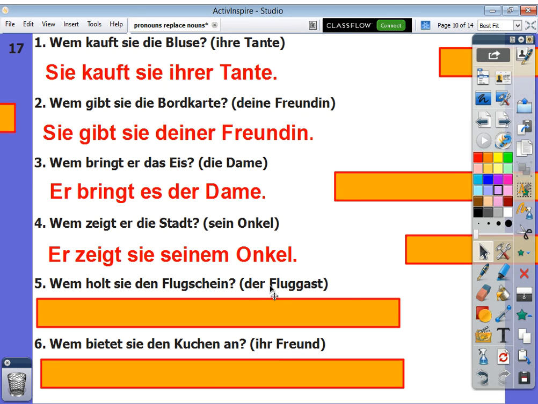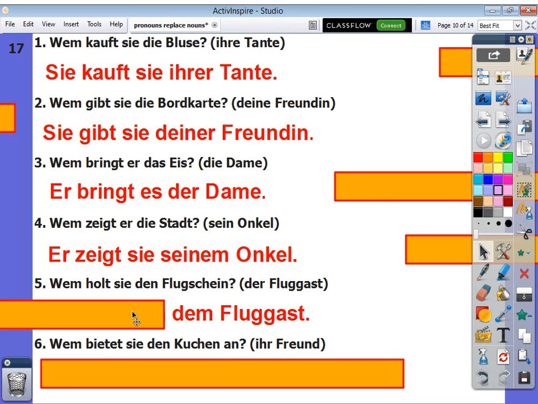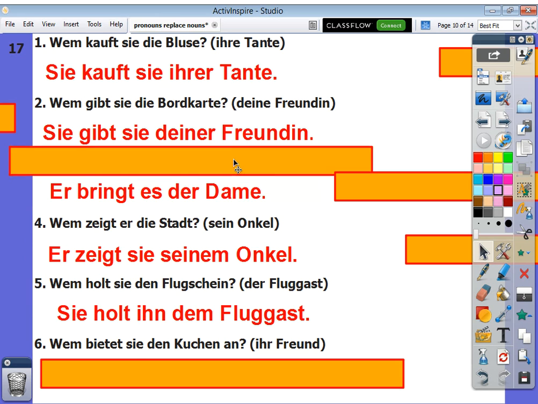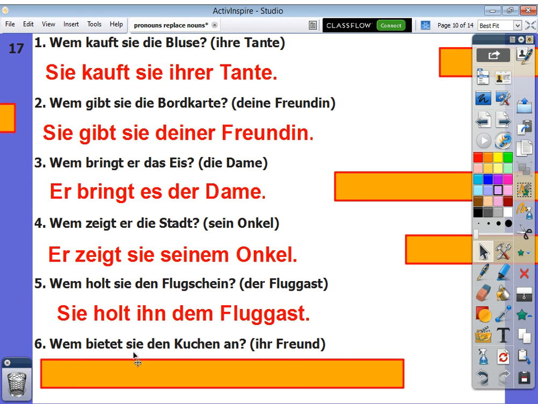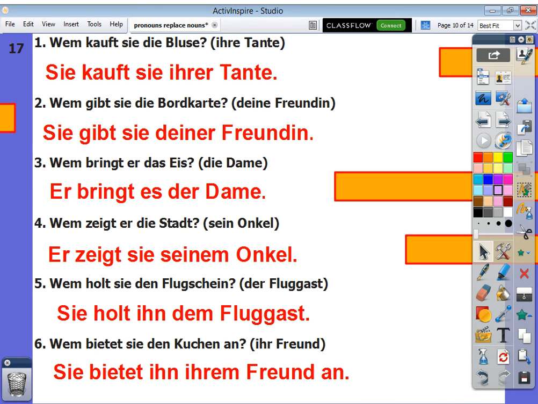Remember your mnemonic device of my radio makes noise to try to put this into the dative case. Of course, der Fluggast becomes dem Fluggast, and then to replace something masculine, accusative, it's going to be ihn. And the order is what we're working on here too. Okay. And then the last one, Freund is masculine. So ihrem Freund in the dative case, and then den Kuchen would be replaced by ihn. Okay.